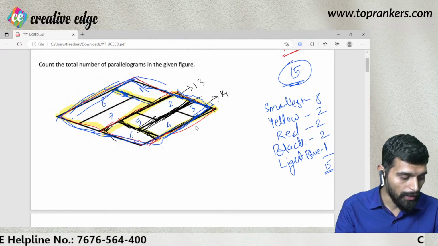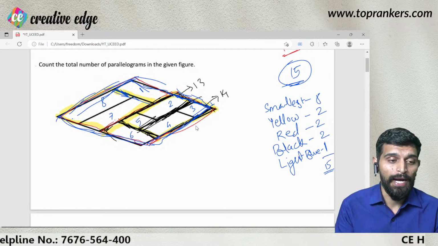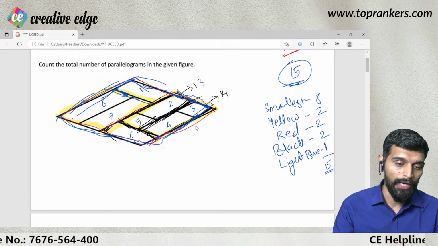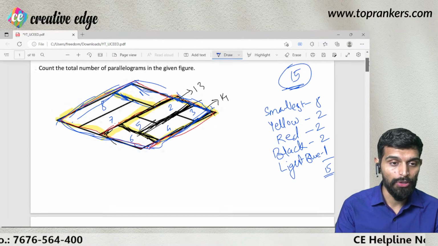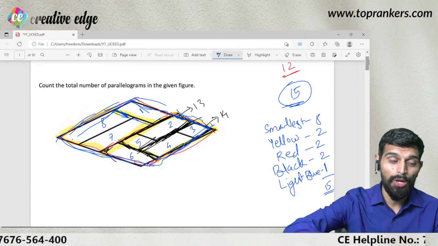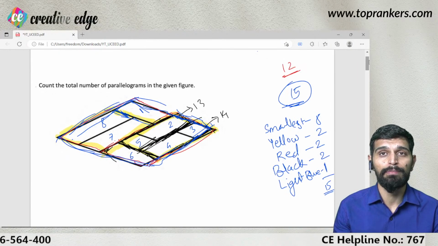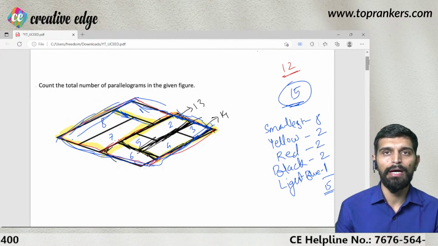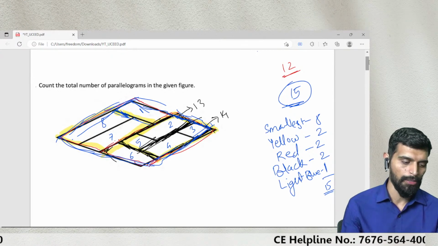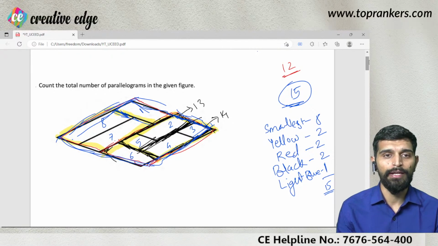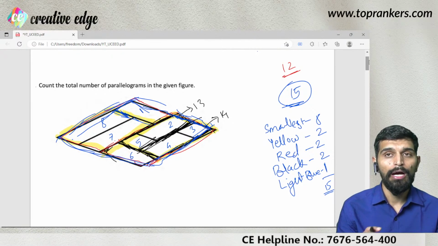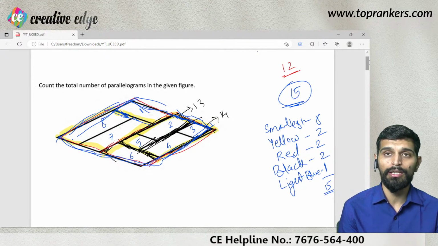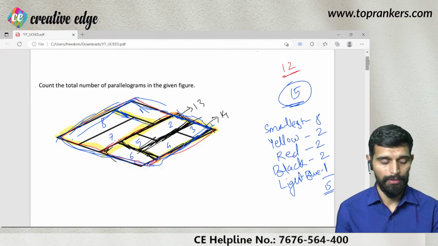So Aniket, I agree that it takes time, but with practice you can easily identify things, and that is why you must solve questions of such type. If you have gone through the past year papers, you will find that every year they ask questions on how many figures are there in a particular larger figure, right?